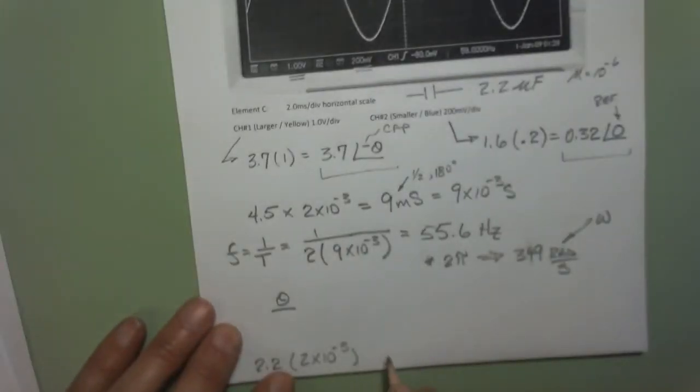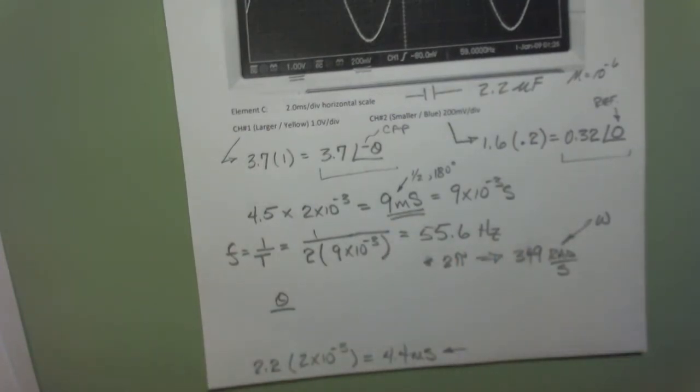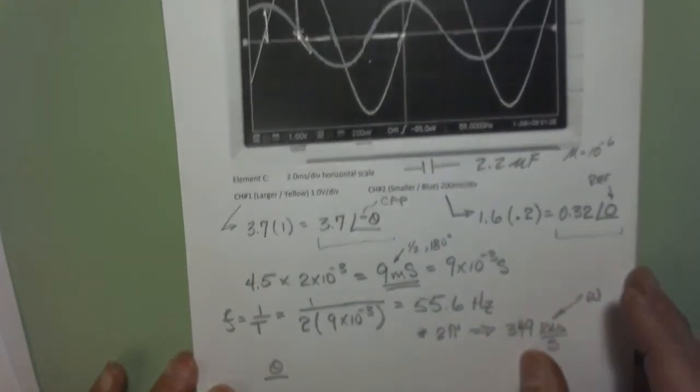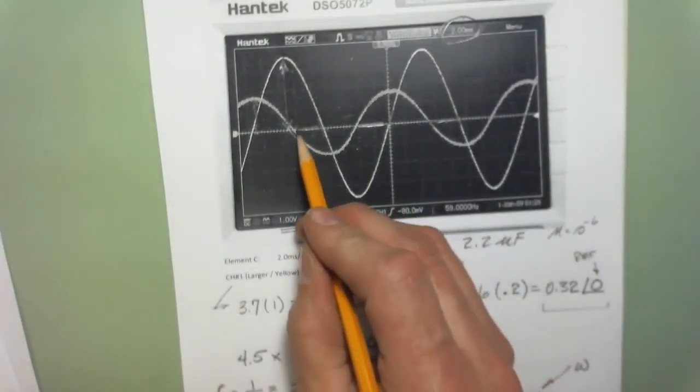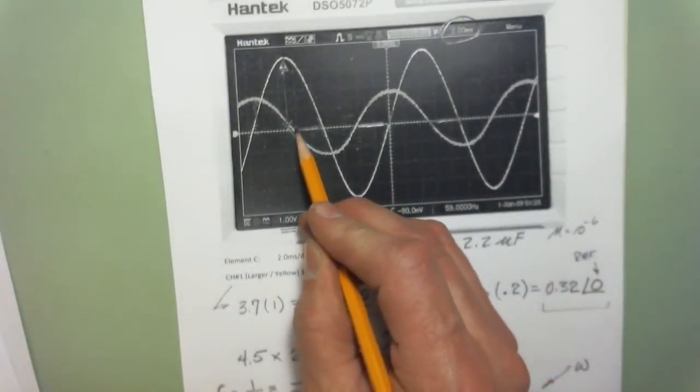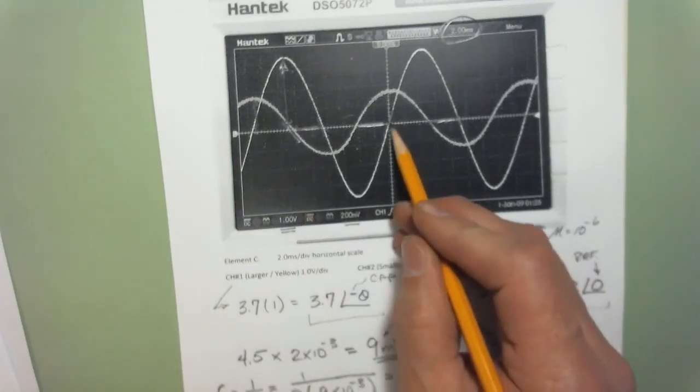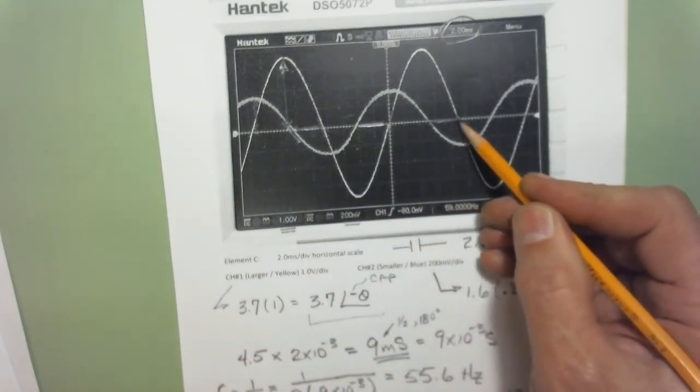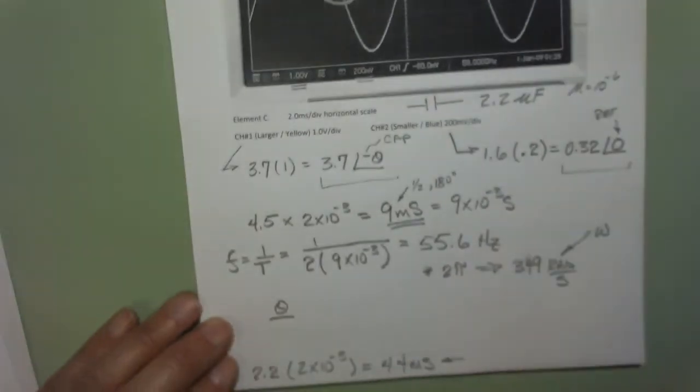So when I multiply that out, that gives me what? 4.4 milliseconds. And I'm going to keep that in milliseconds because I've got this in milliseconds, and I think that should work out okay. So I'm going to say that my phase shift in terms of time is 4.4 milliseconds, whereas 180 degrees is 9 milliseconds. By ratio and proportion, I should be able to get this.